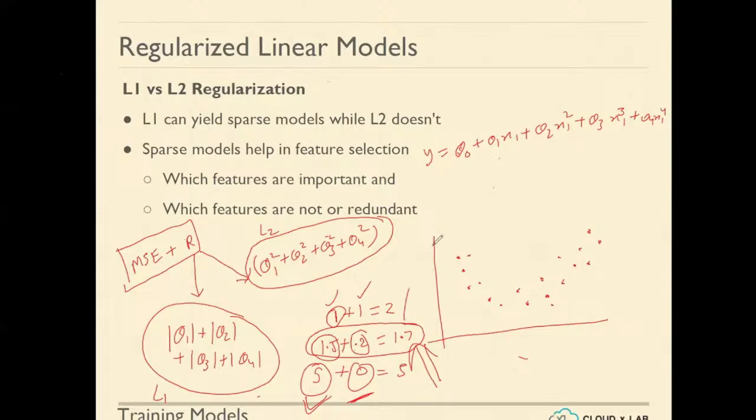What will the optimizer do? The optimizer will make theta 3 nearly equal to 0 and theta 4 nearly equal to 0, because for this type of data points, we can fit a quadratic curve, right? A degree 2 polynomial we can fit, right? Any doubt here in this example?